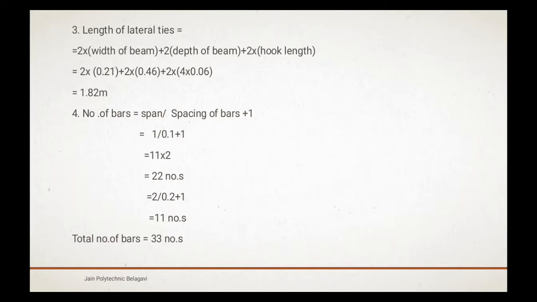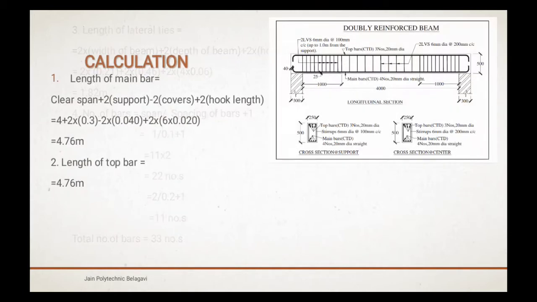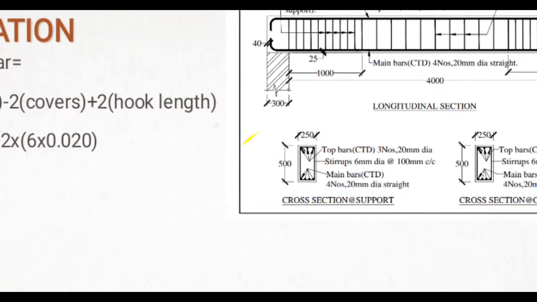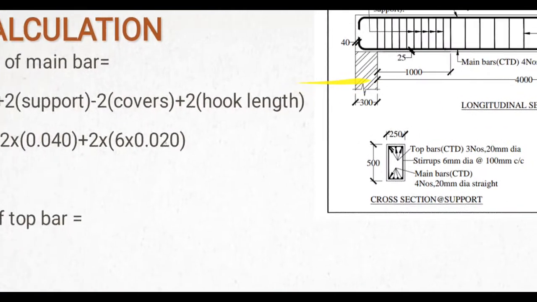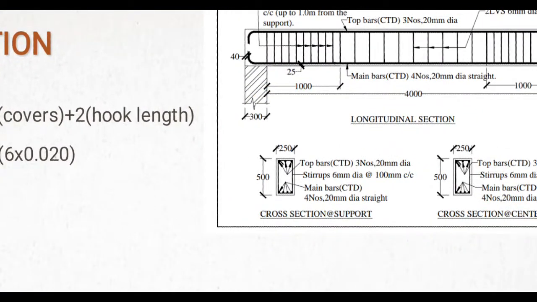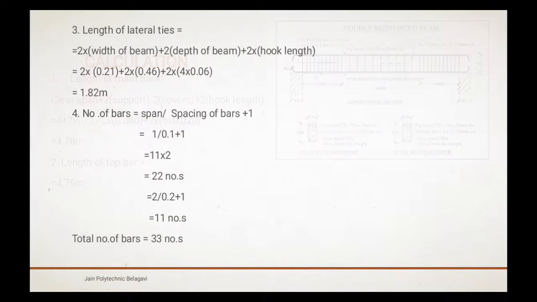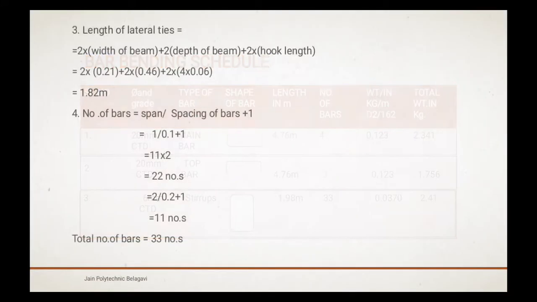So the number of bars formula is span divided by spacing of bar plus 1. Here, from the support, 1 meter: 1 divided by the spacing of stirrup 0.100 meter, so we take 0.1, plus 1.